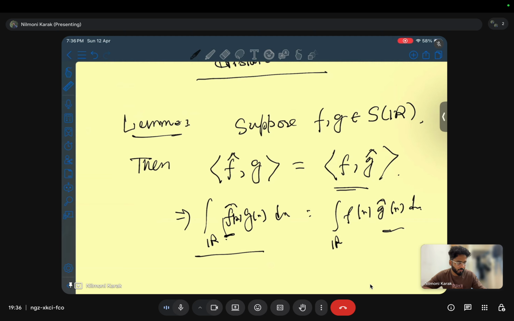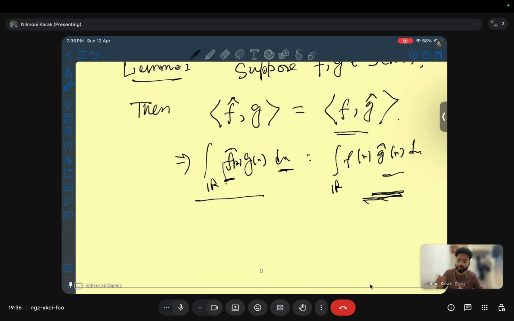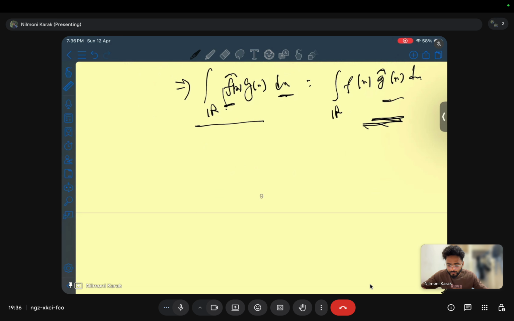Use Fubini's theorem to interchange the variables, and then finally you can recover this.